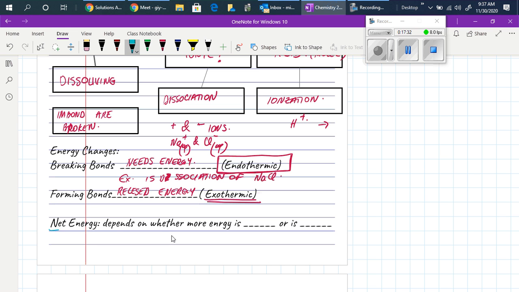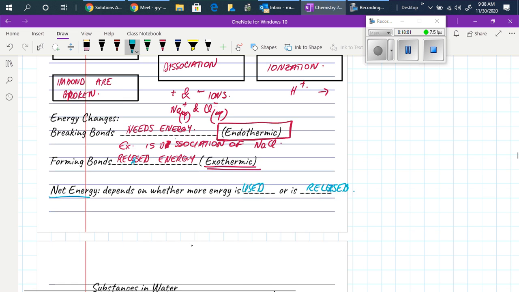However, the net energy depends on how much is used and how much is released. Okay, so how much energy is used to break the bonds and how much energy is released to form the bonds.